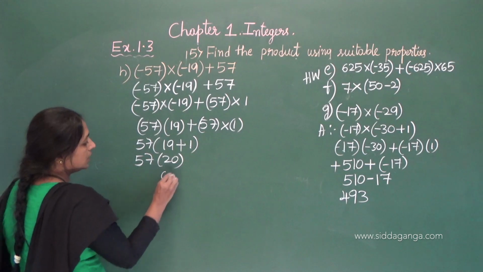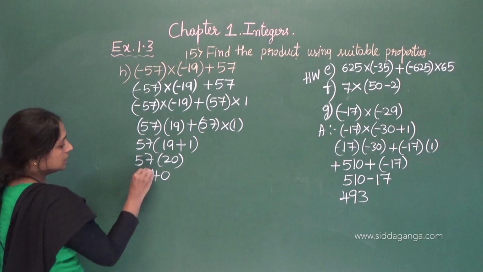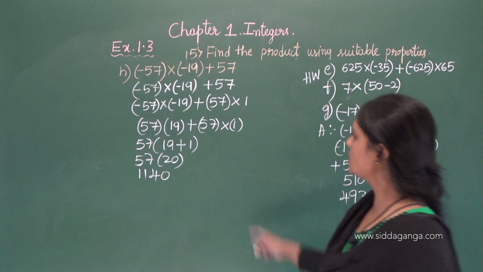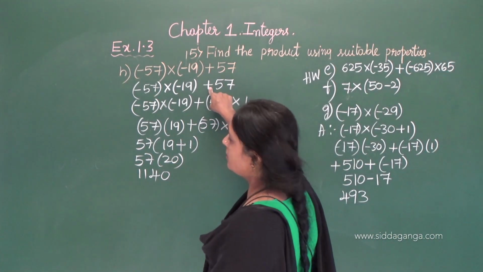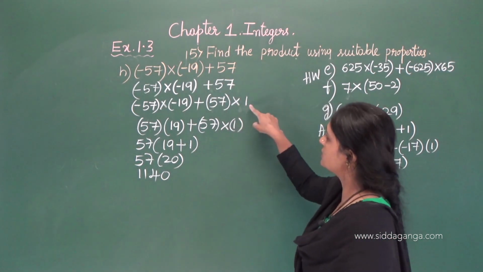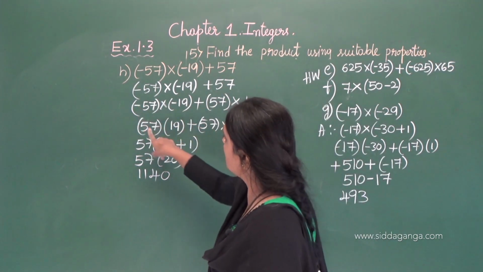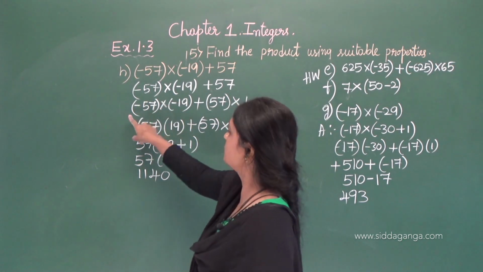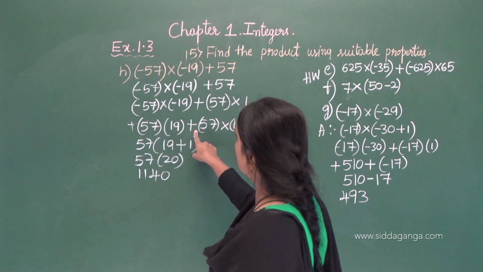So 57 into 20: 57 zeros are 0, 2 sevens are 14, 2 5s are 10 plus 1 is 11. So it is 1140. Here, minus into minus means plus, then 57 into 19.